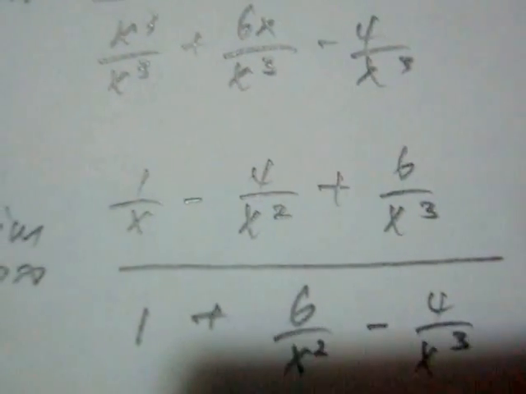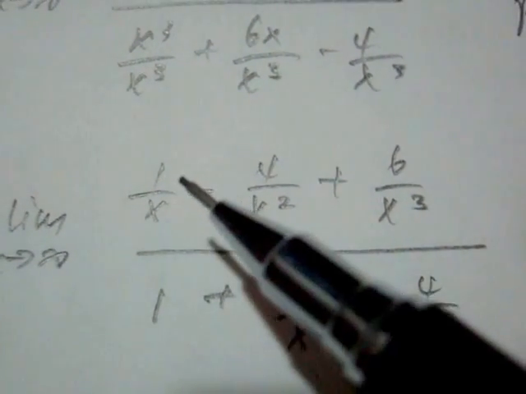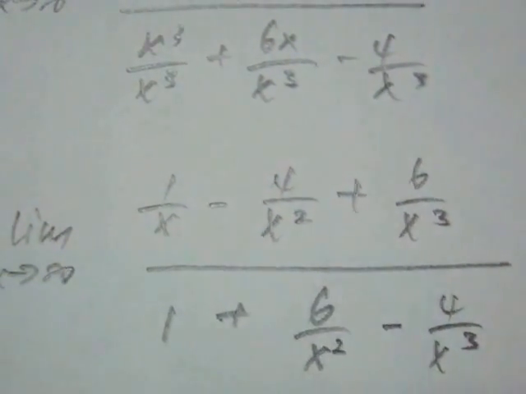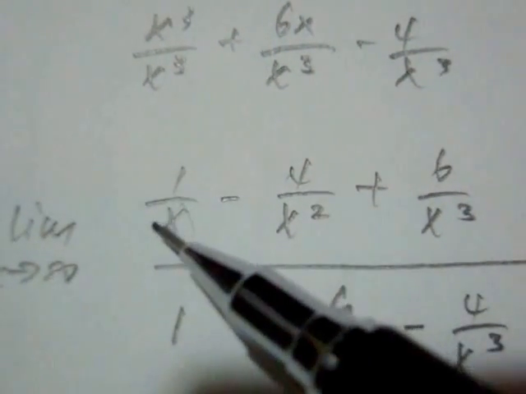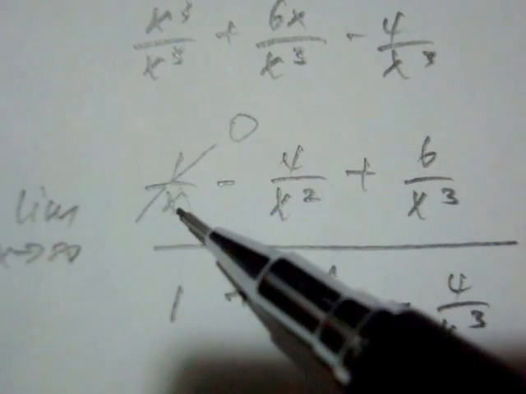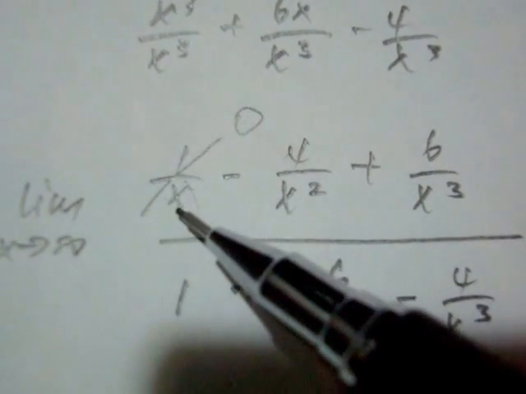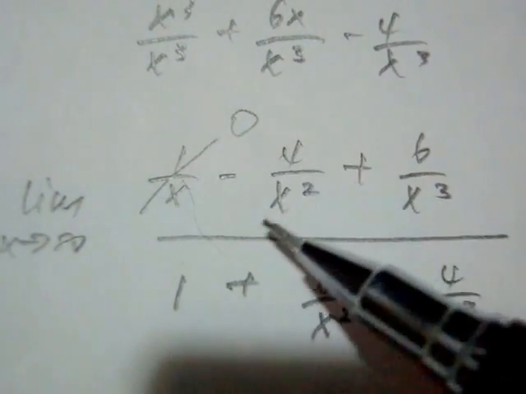To find the limit as x approaches infinity for 1 divided by x, it will be 0. Because if you take 1 divided by a very large number, it will become 0.